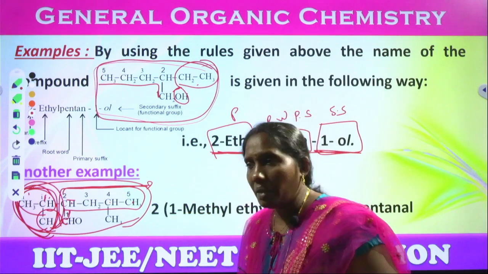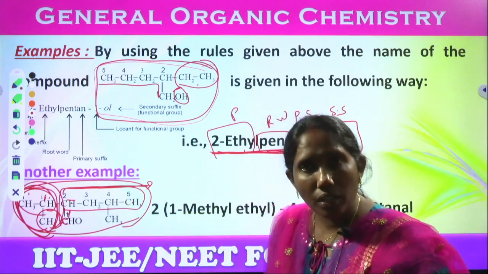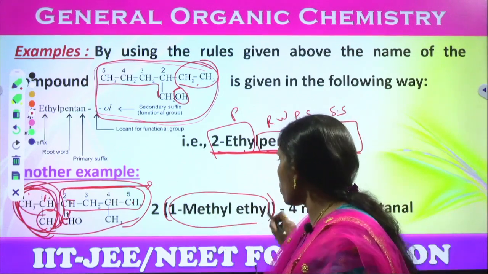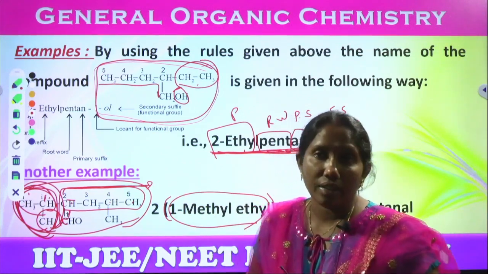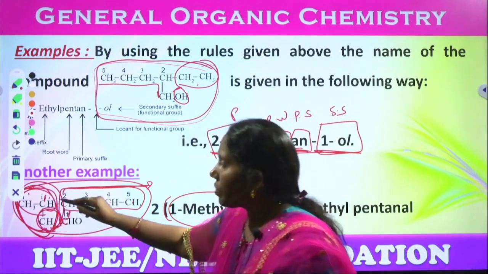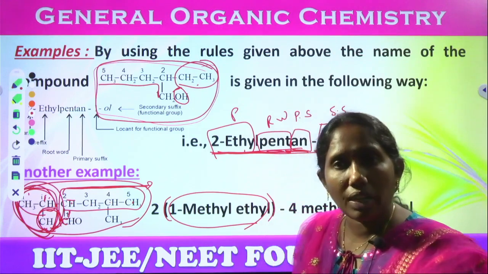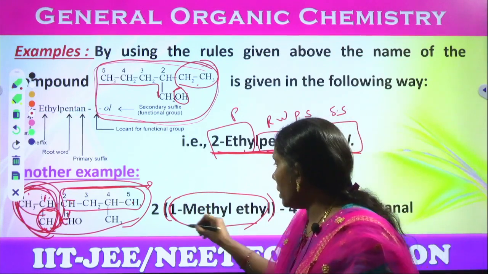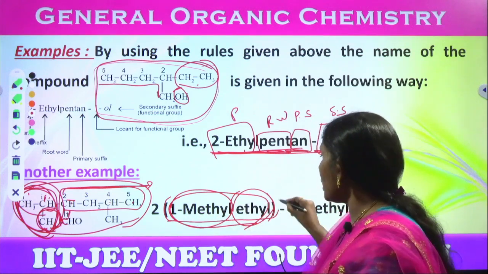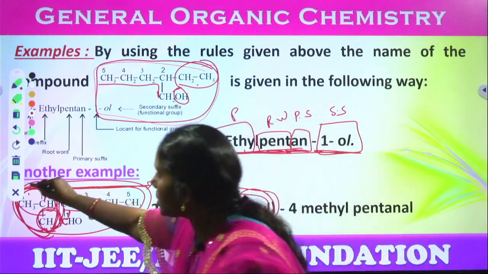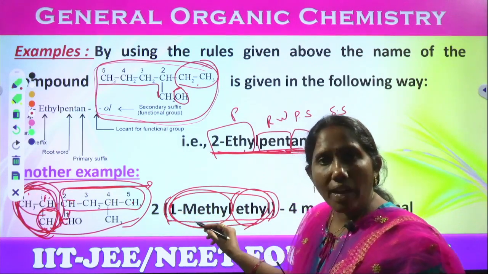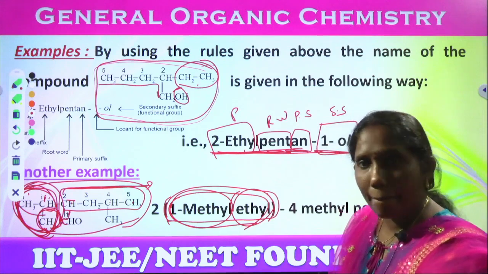Second means on the second carbon of the main chain. These brackets indicate this branch belongs to this second carbon. Again that has a methyl on the first carbon, and that has 2 carbons, so that will be ethyl. So 1-methylethyl. So in the parentheses what we have written is this branch on the second carbon. So 2-(1-methylethyl).